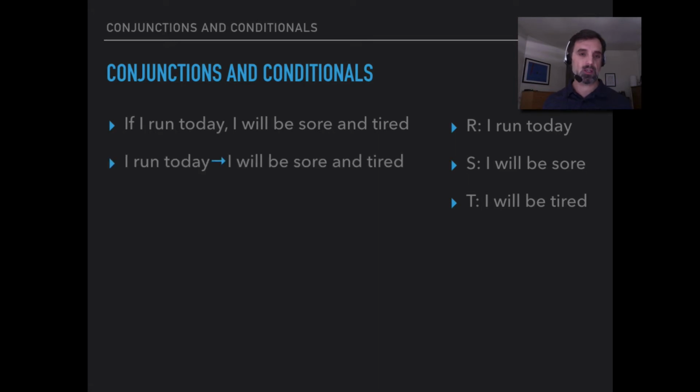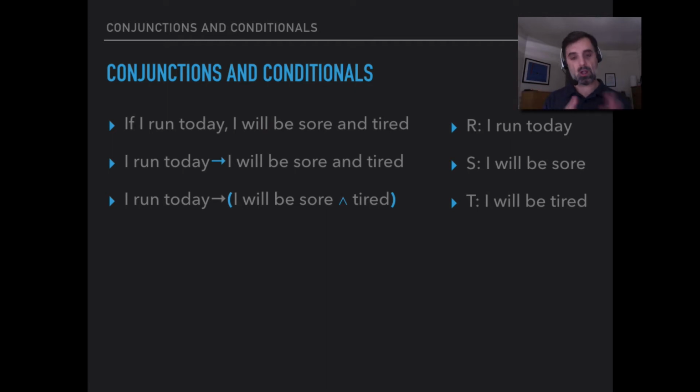Okay, so this is a conditional. If I run, so I run today is the antecedent. The if attaches to I run today. That means that I run today is the antecedent, and the rest is the consequent. So we'll have I run today, conditional, I will be sore and tired. Well, the consequent is a conjunction, so we'll turn the and into a conjunction symbol, and we'll put parentheses around the conjunction to say, here's what the two conjuncts are.